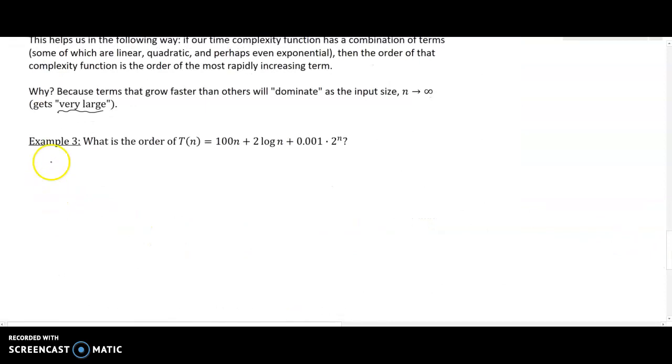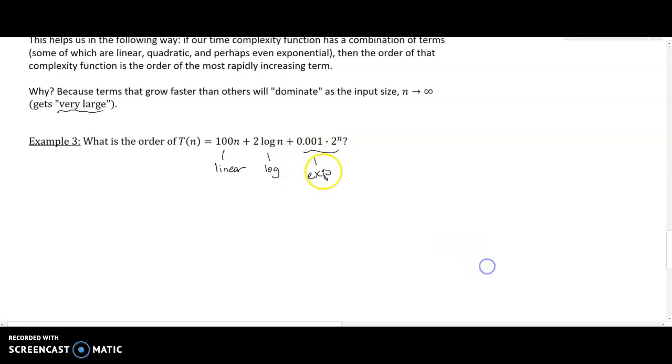So here's another example. What is the order of T(n) = 100n + 2 log n + 0.001 × 2^n? The coefficients do not really matter. At first attempt, we might think that this term is going to be the dominant term, but this is a linear term. This is linear. This next term is logarithmic. And this next term here, this whole thing, this is exponential.